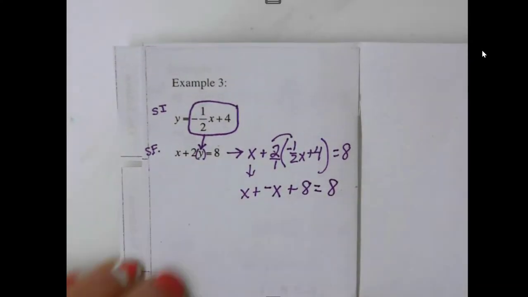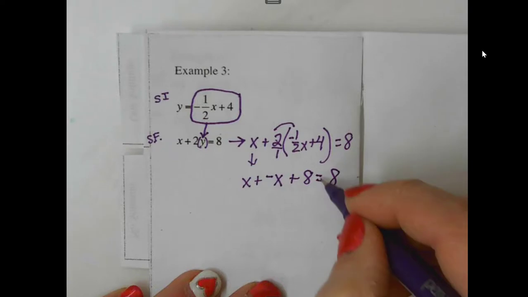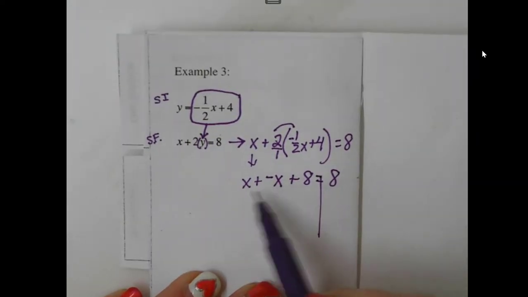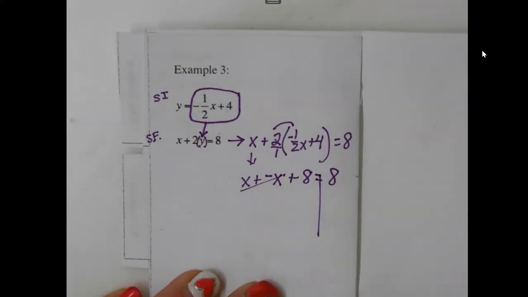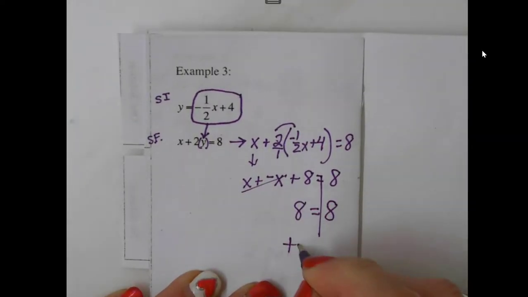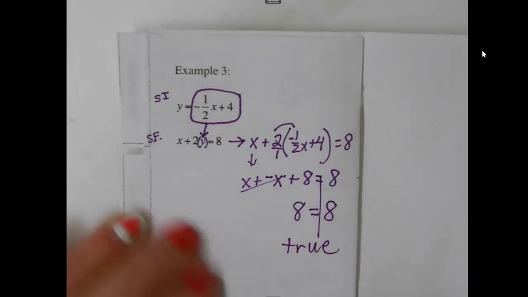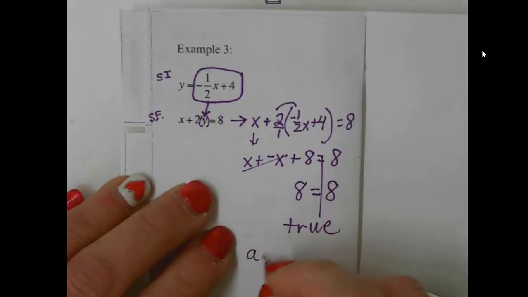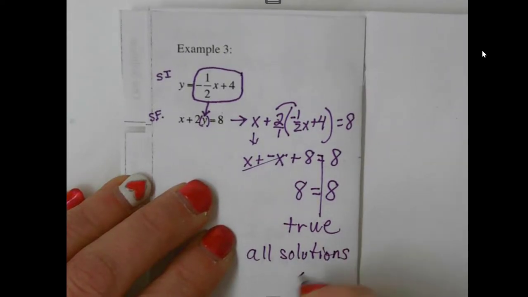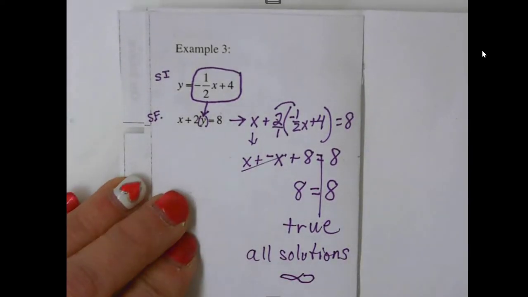And you probably made this prediction. Now when we solve this, again, our x terms end up canceling. x plus a negative x cancels. Oh, but we get 8 equals 8, which is a true statement. And so that's why it's going to be all solutions. Sometimes what you end up seeing is that infinity symbol.